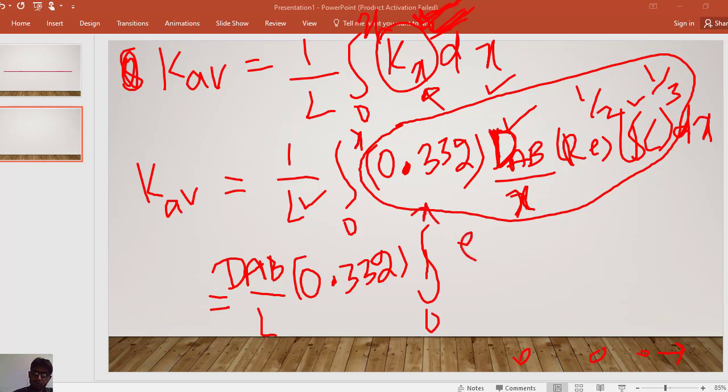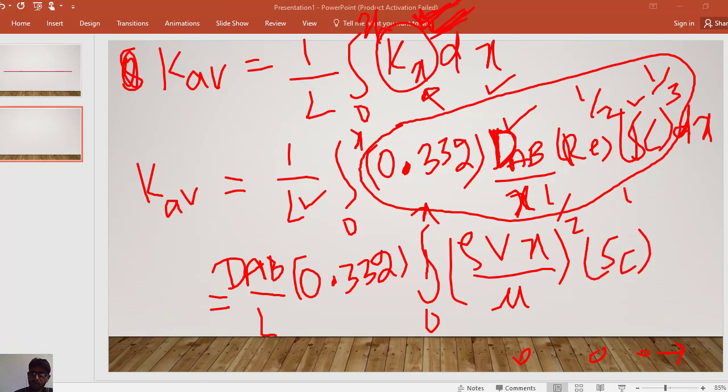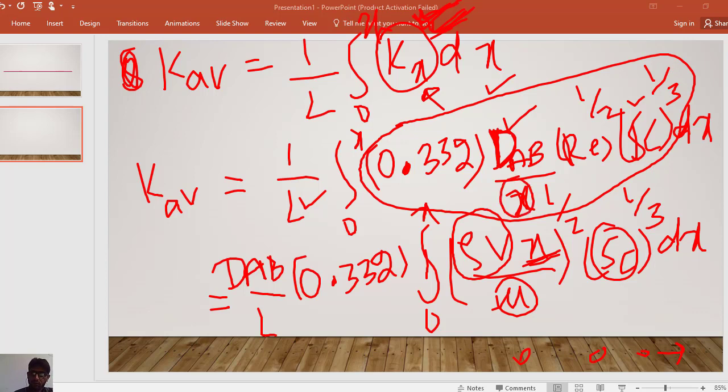The Reynolds number is rho V x divided by mu, to the power 1/2, and the Schmidt number to the power 1/3, dx. Only x changes, and the x in the denominator also goes inside the integral. This is the average mass transfer coefficient; suppose this is equation number star.